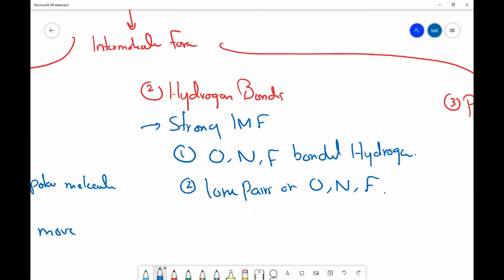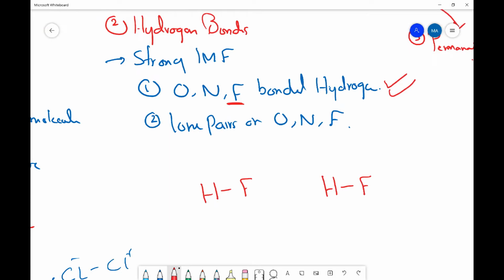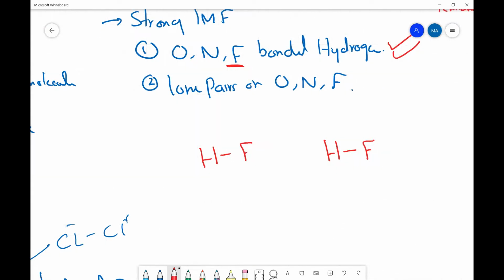So let's take an example, HF, hydrogen fluoride. Now, if you focus, HF, hydrogen fluoride, is a hydrogen halide where fluorine is bonded to hydrogen. Your first condition is done, yeah? So you can have hydrogen bonds because fluorine is bonded to hydrogen in this case. Now, if you focus on the structures, if you draw these covalent dot and cross diagrams, you'll notice that there will be a sharing pair between H and F, and then there will be lone pairs on fluorine as well. 3 lone pairs on each fluorine.